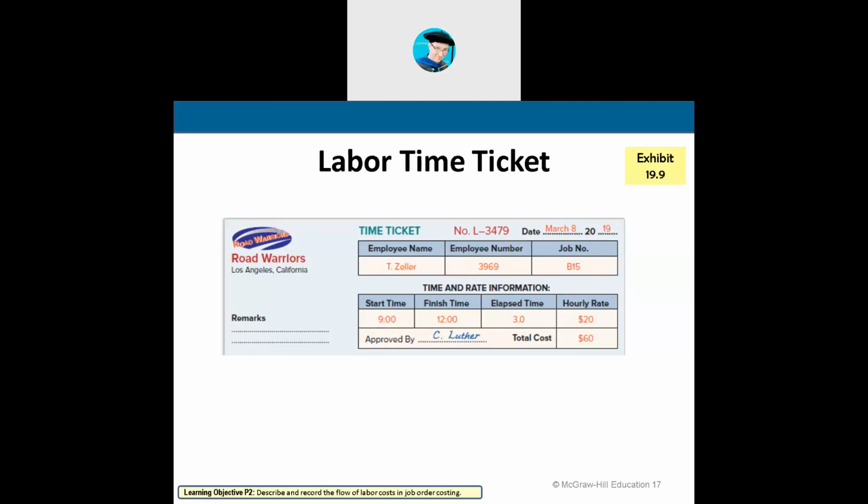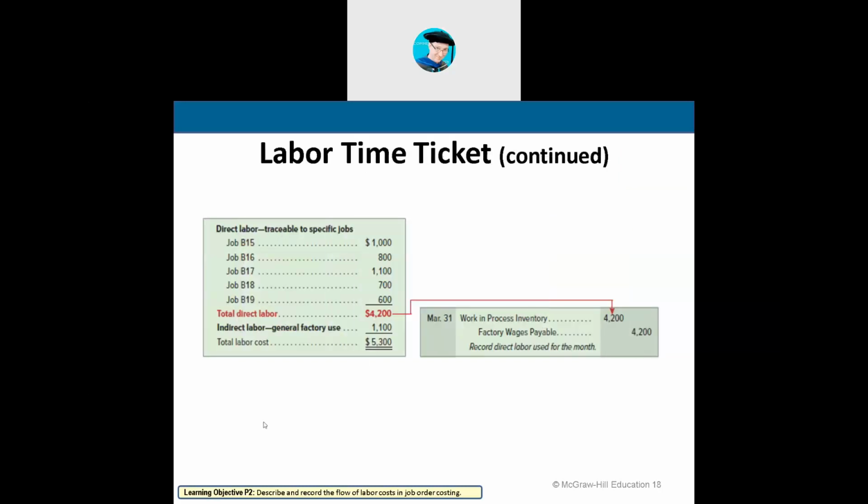Now remember, there's usually more than one employee on a single job, and they usually work on multiple jobs. So we add them all up. Each job has its direct labor amounts. We add up all of the direct labor amounts for each job to get total direct labor for this accounting period.